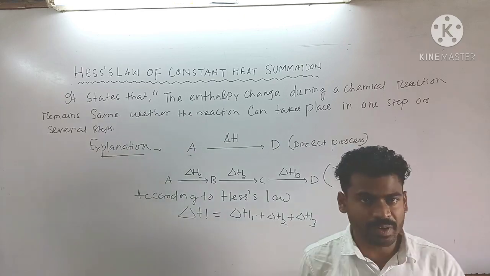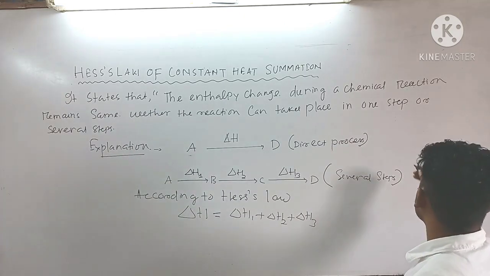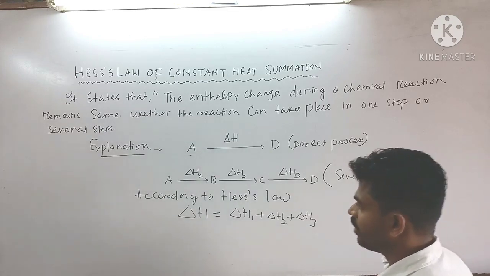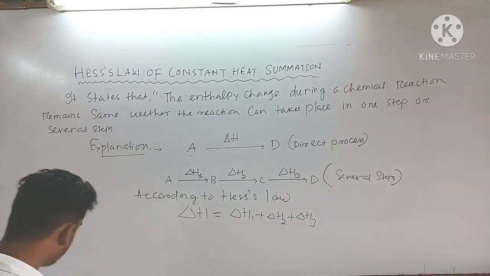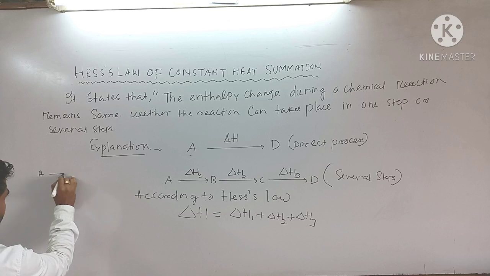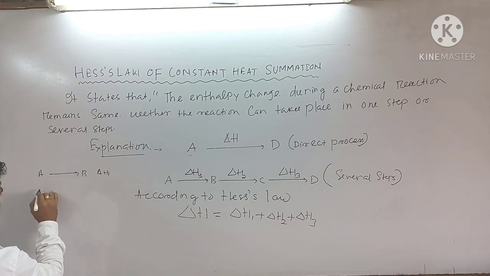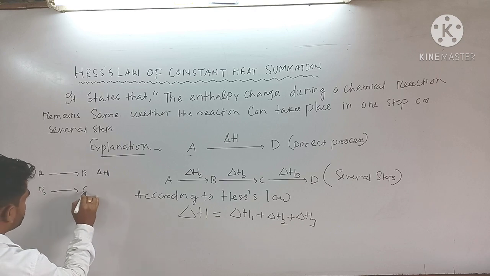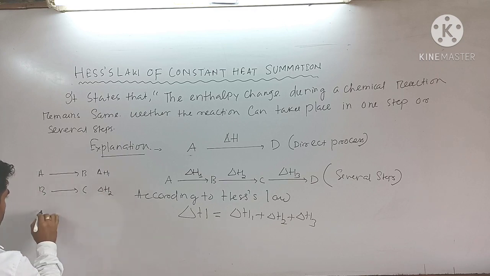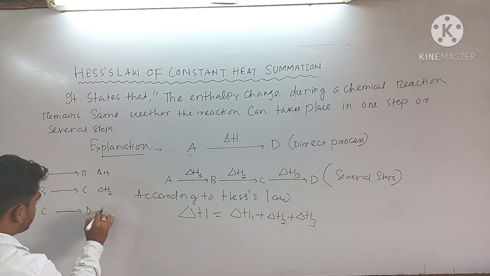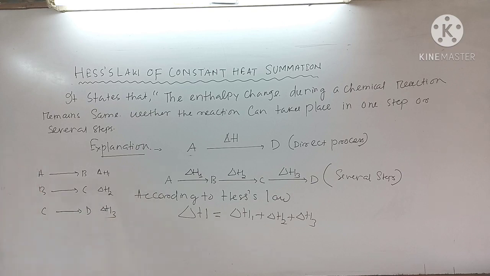That means it can be explained in this manner. Suppose A converted into D, I am doing over here, you just see, A converts into B, so enthalpy change, that is del H1. B converted into C, enthalpy change, that is del H2. C finally converted into D, the enthalpy change, that is del H3.